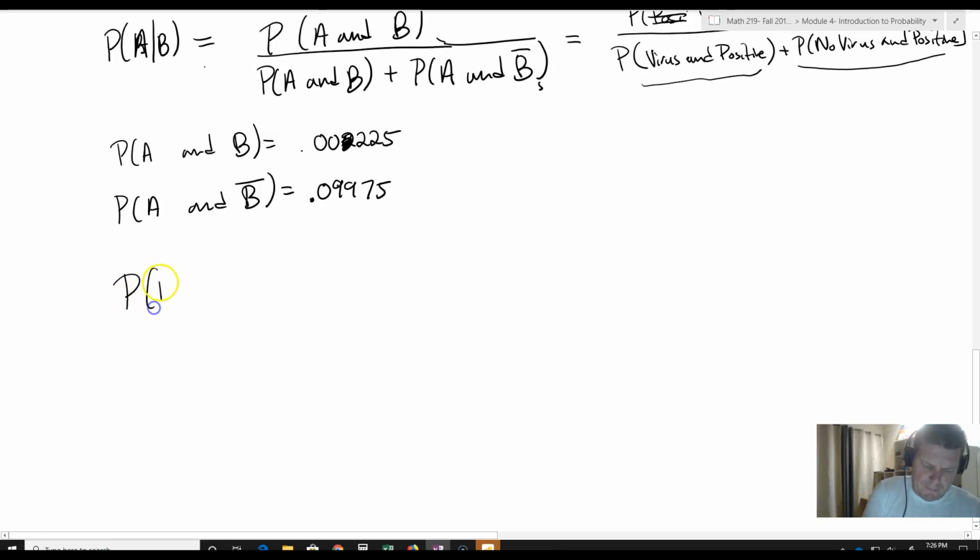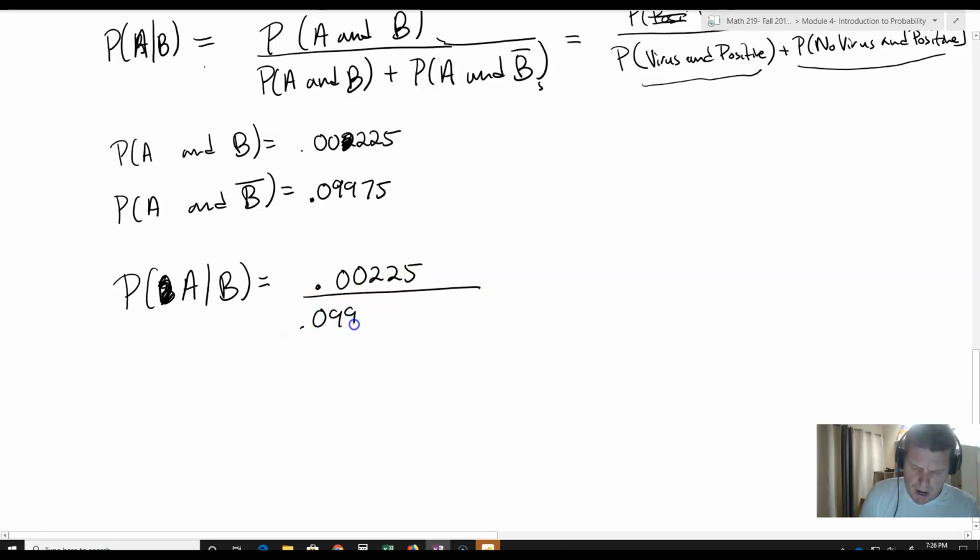So the probability of A given B, that is, that a person has the virus given that they tested positive, will equal 0.00225 divided by 0.09975 plus 0.00225. There we go. And so that's how we find it.